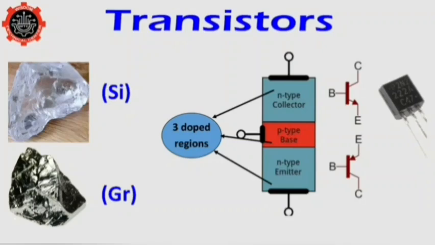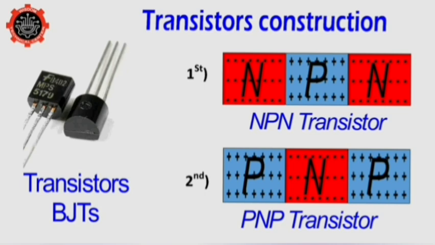Transistors can be constructed out of germanium or silicon. It consists instead of three doped regions. The regions are arranged into two different ways. First, it could be a P-type material that is sandwiched by two pieces of N-type materials, or an N-type material that is sandwiched between two pieces of P-type materials.